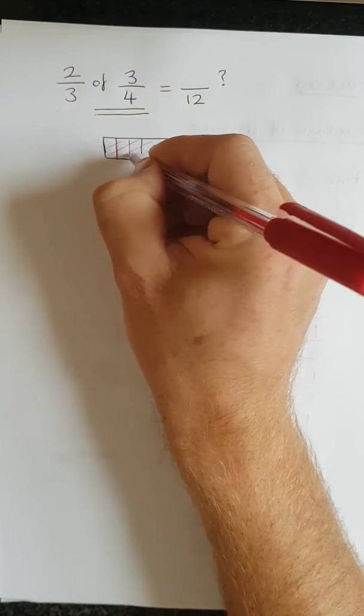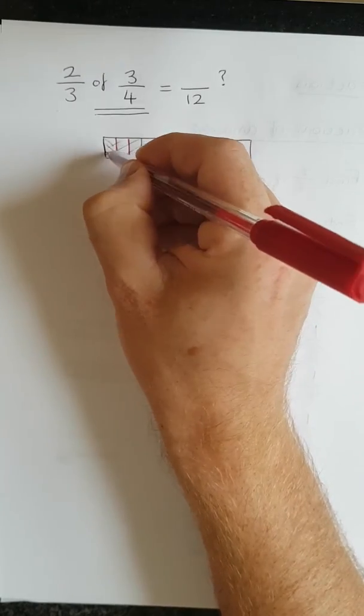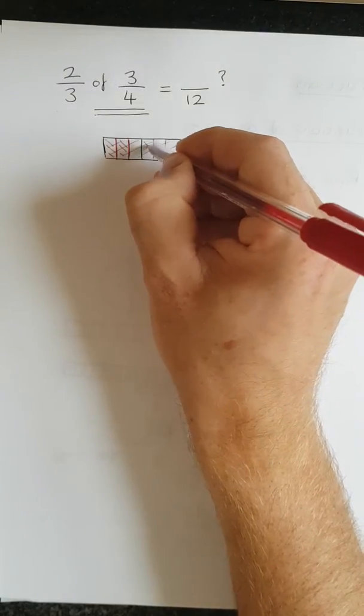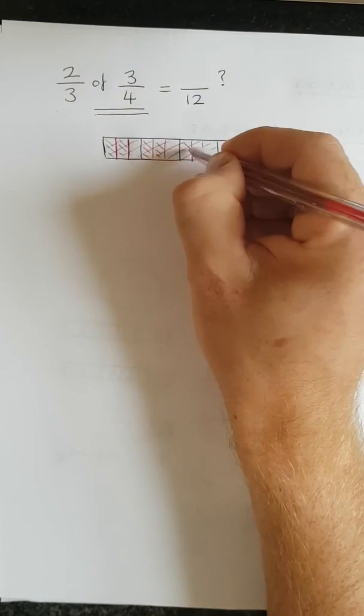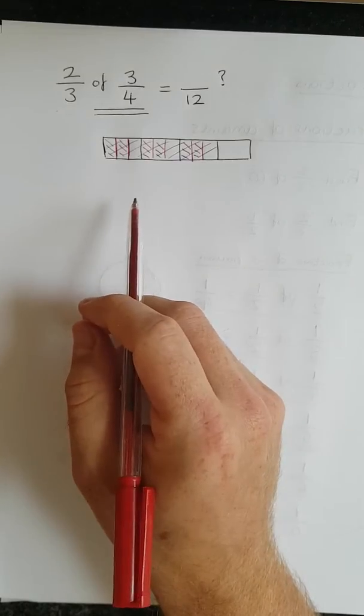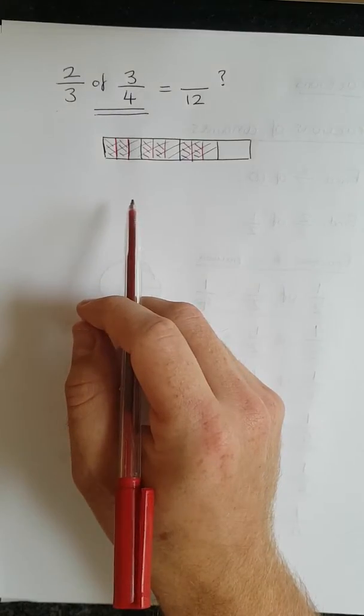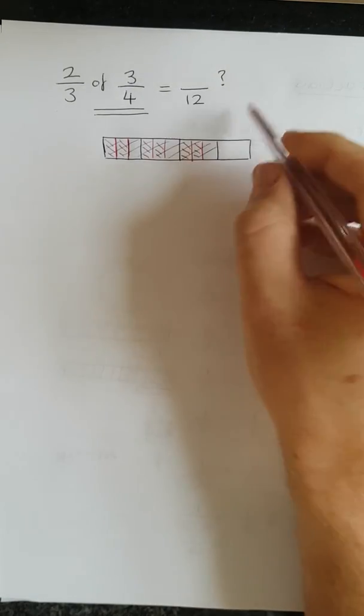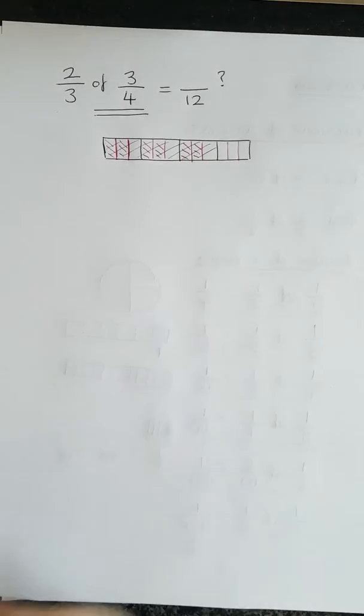So I'm going to have to slice it into 3 and take 2 of those. I've taken 2 out of 3 equal sized pieces from each quarter. Now, I haven't done anything with this last one, but I probably should slice it into thirds as well.